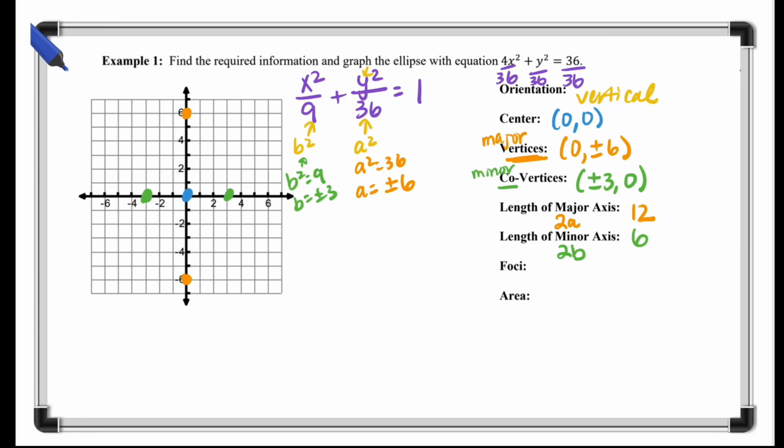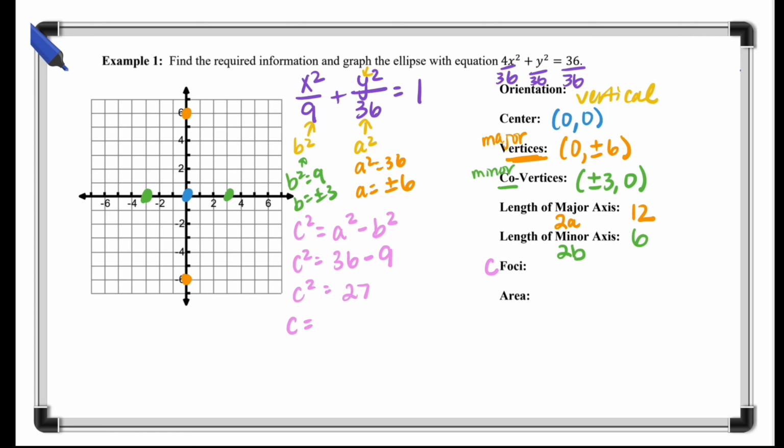Now, if I want to find my foci, or my focus, I've got 2 of them, that is my c value. So I'm going to have to use my equation c squared equals a squared minus b squared. Now I'm going to plug in my information. a squared I know is 36 minus b squared, which is 9. That gets me 27.